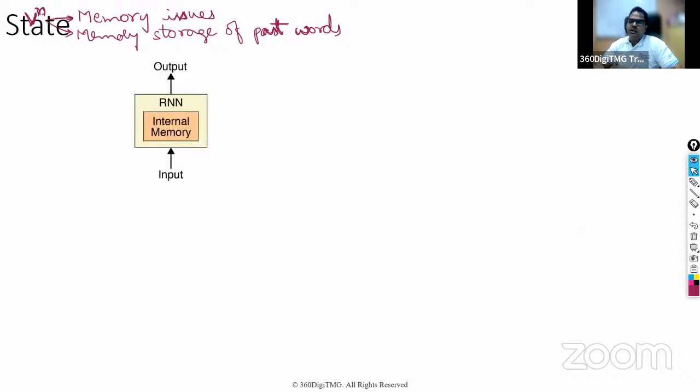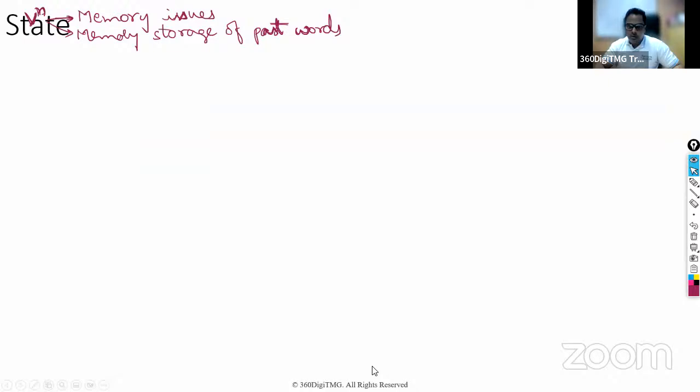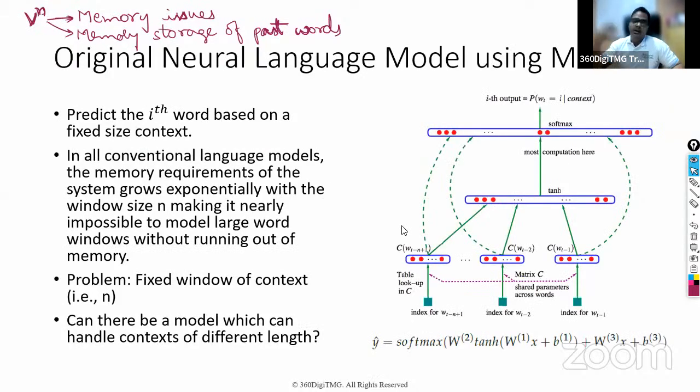Then you might say, okay, why can't we in that case use a multi-layered perceptron model only? Why can't I use this MLP? Might be a question. Yes, you have a valid question.